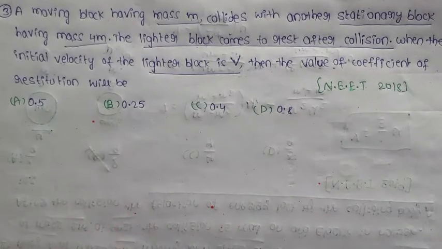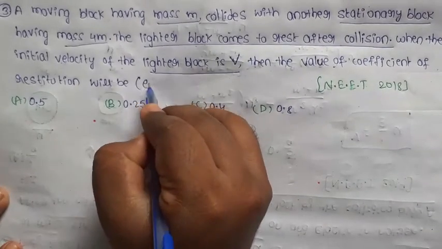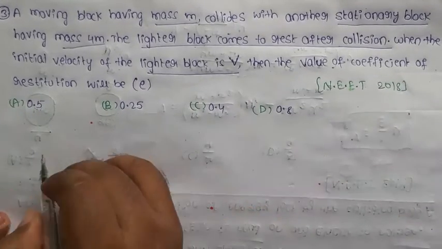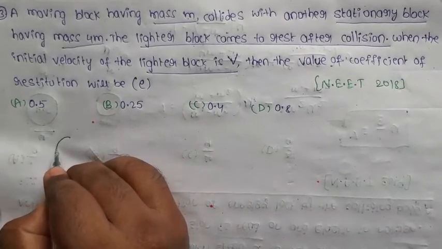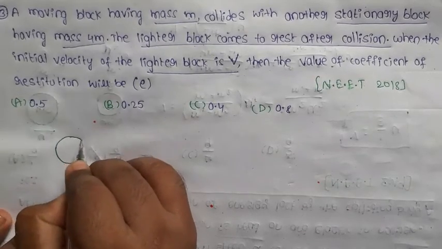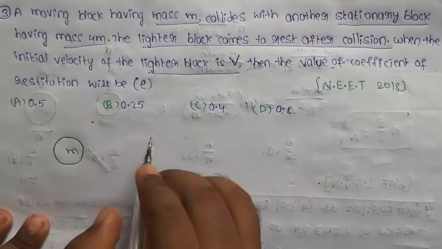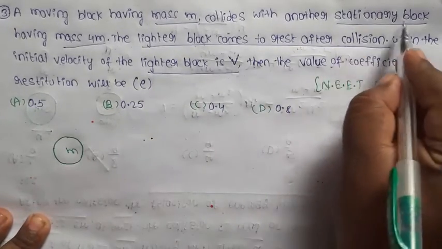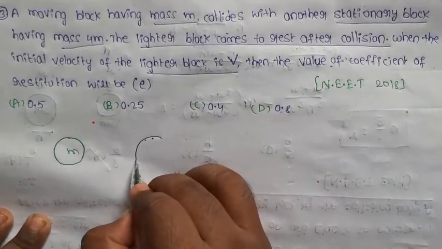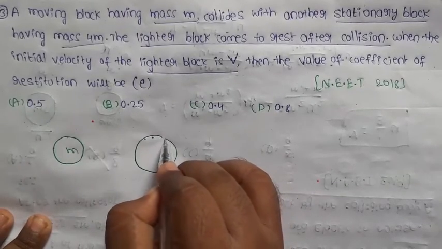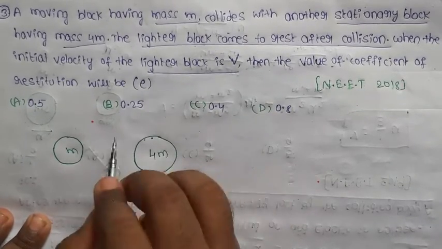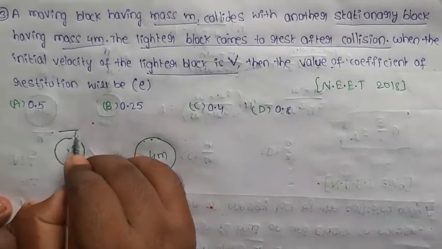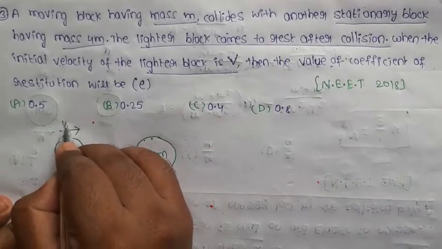We are going to find e. For example, this is a moving block of mass m, and this is the stationary block of mass 4m, and the moving block has initial velocity u.